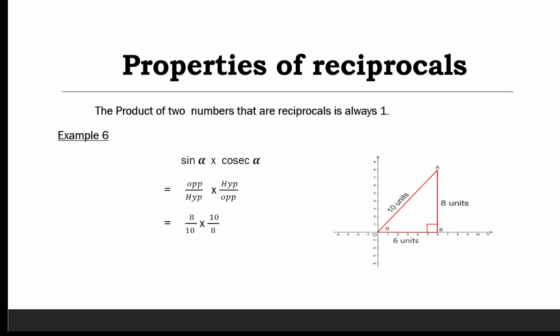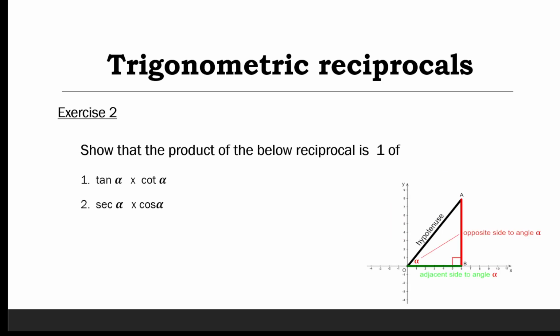From the given triangle, the opposite is 8 and the hypotenuse is 10. Substituting the values, sine alpha becomes 8 over 10 and cosec alpha becomes 10 over 8, and that yields 80 over 80, which is 1. We can confirm that sine alpha and cosec alpha are reciprocals because their product yields 1.